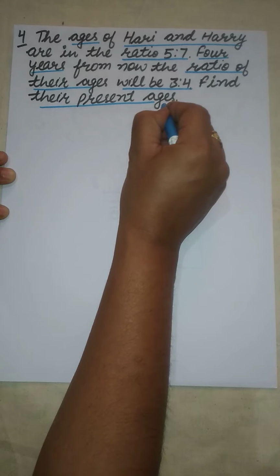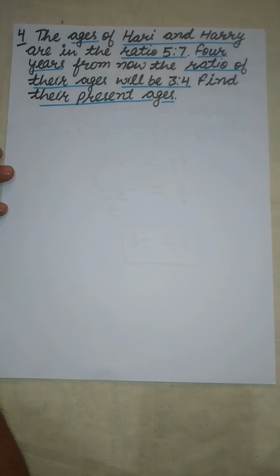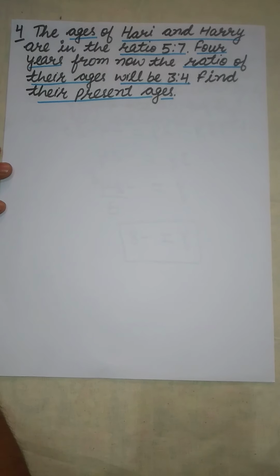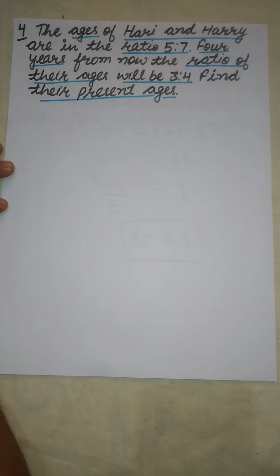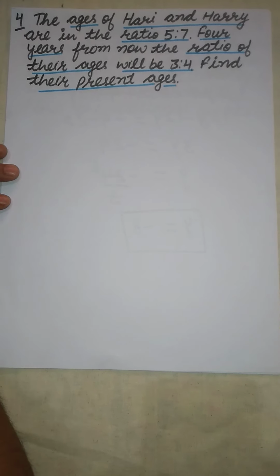Find their present ages. Students, in this case, the ratio of the ages of Hari and Harry is given. So we will simply let the present age of Hari and Harry.